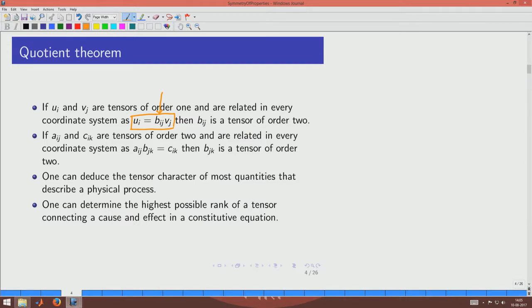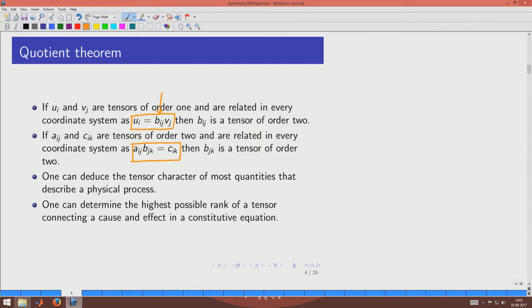Its order need not be only the sum; it can also be the same as both the quantities. Even in a situation where a and c are given as tensors of order 2, and they are related like this in every coordinate system, then b is also a tensor of order 2. So, you could have the order either more than both sides or the same as both sides, as the situation demands.